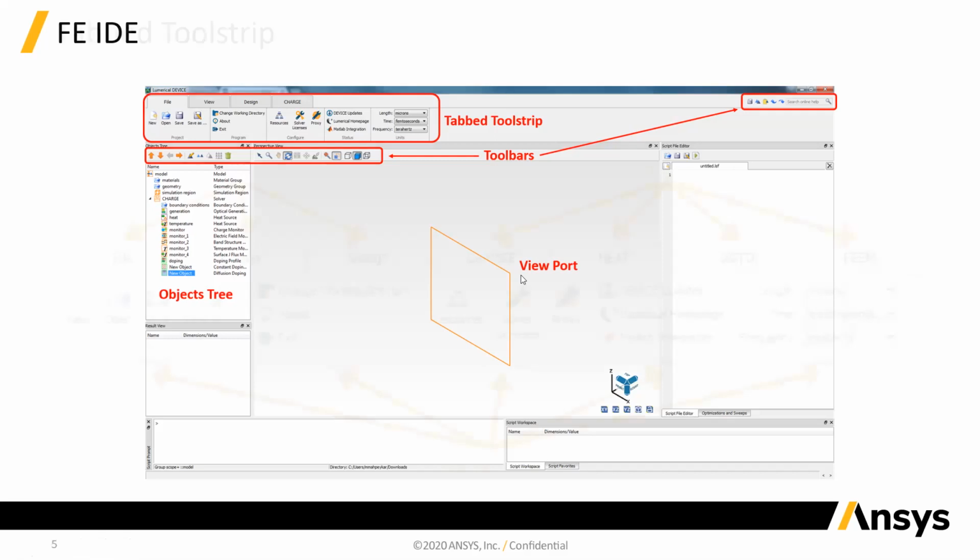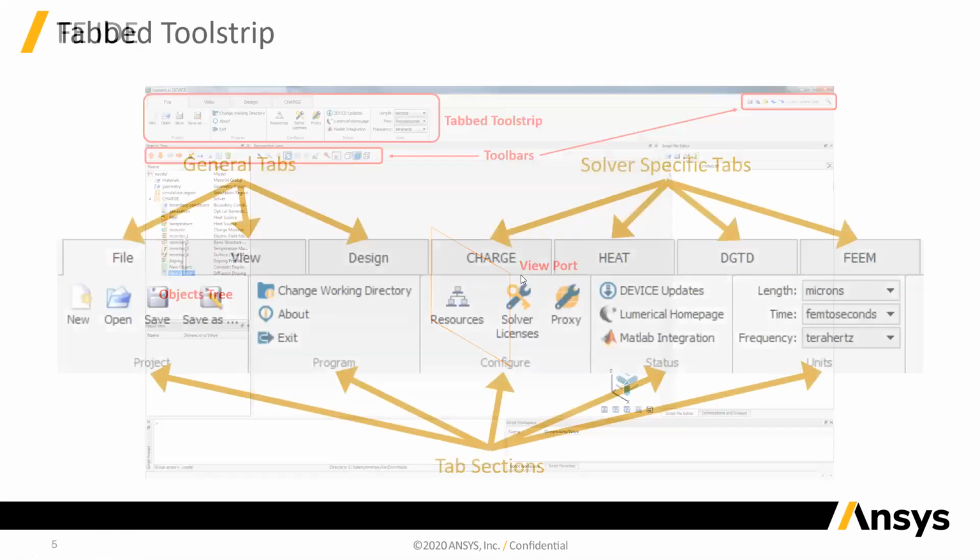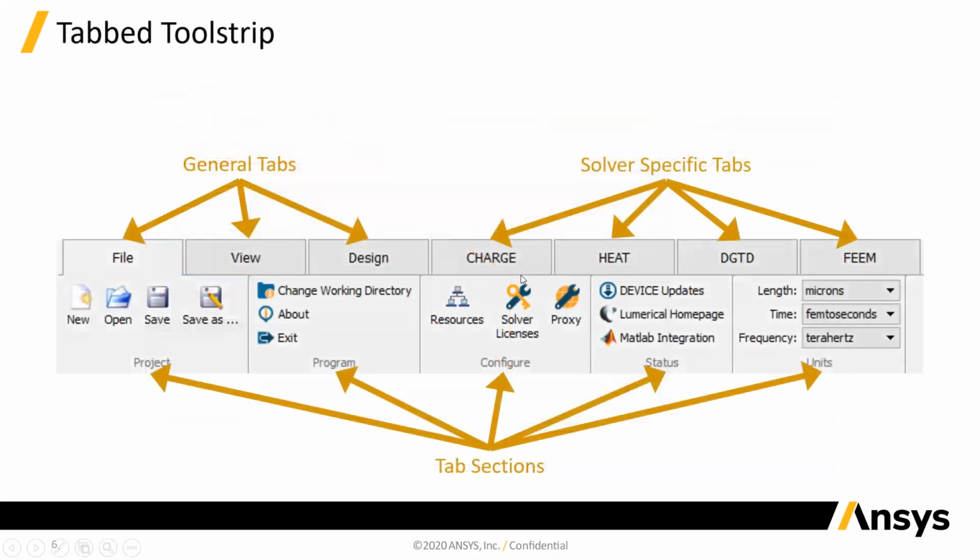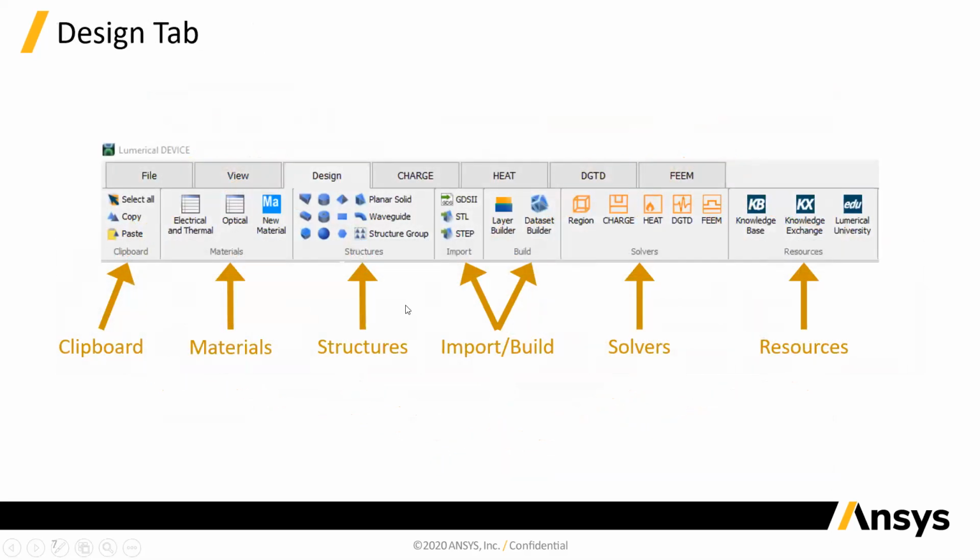If you look at the toolbar at the top, as you add different solvers to your simulation region, you get different tabs for them, which contain all the different solver objects that you need to add. When you're designing your geometry, you pick the design tab, and that allows you to create structures and add solvers as you need them.